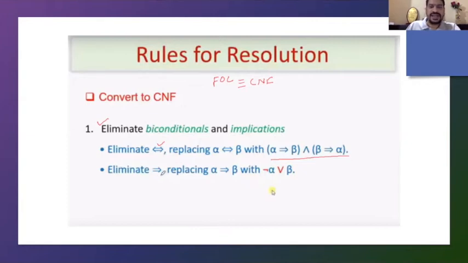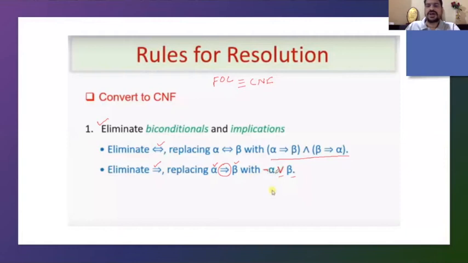The second, we can eliminate implication. This is the implication symbol. So let's say we have alpha implies beta, alpha is one clause, beta is another clause. If one clause implies another clause, we can eliminate this implication by writing negation of alpha or, which is your disjunction, beta.